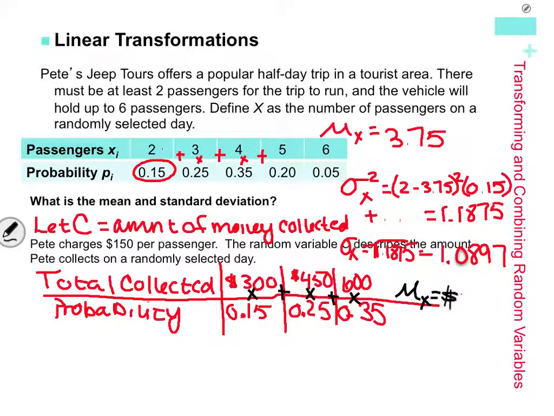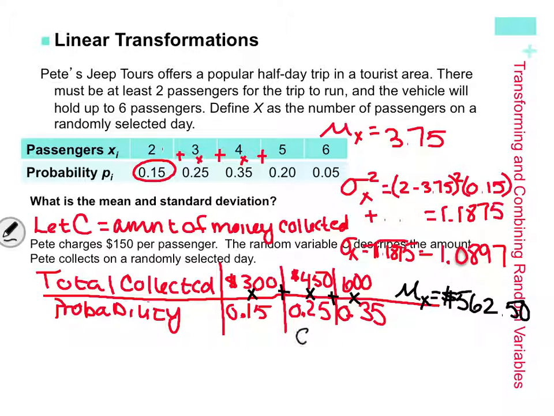$562.50. So the average amount collected is $562.50. Okay. Your standard deviation is found by taking the money collected, subtracting your expected value of $562.50, squaring that, and then multiplying it by your probability, adding that up over all of your possible outcomes, your 2, your 3, your 4, your 5, and your 6, because they hold up to 6 passengers, okay?